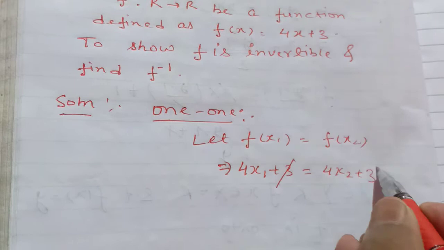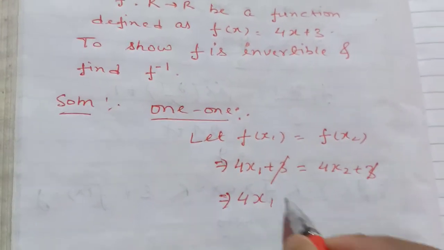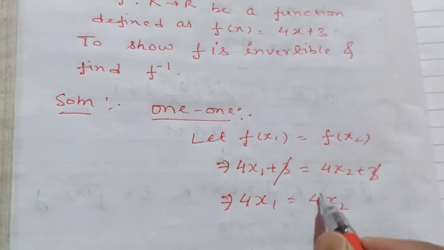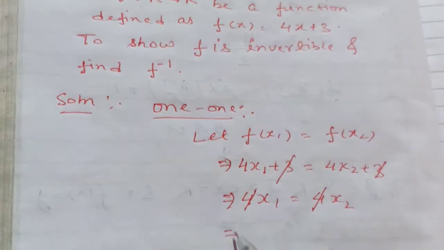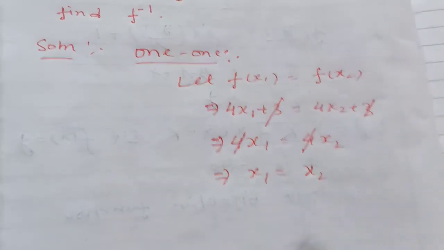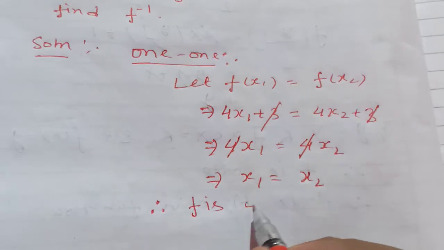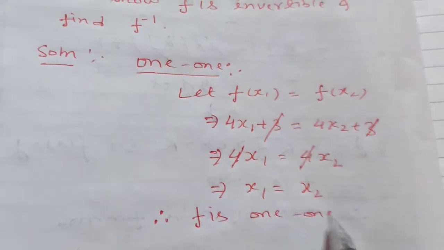Here 3 is cancelled. Now 4x1 = 4x2. 4 is cancelled. This implies that x1 = x2. Therefore f is one-one.